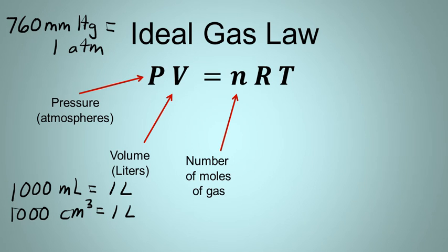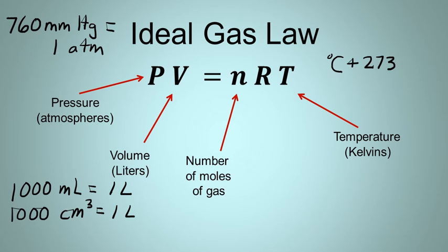And so you have to convert it to moles. We've learned how to do that in previous lessons, in previous chapters. And so you need to be able to convert from grams to moles again. We'll come back to R here in a second, but T is the temperature of the gas. And that's in kelvins, just like we've been using kelvins for several examples already. So in case you've forgotten, Celsius plus 273 is how you convert to kelvins.